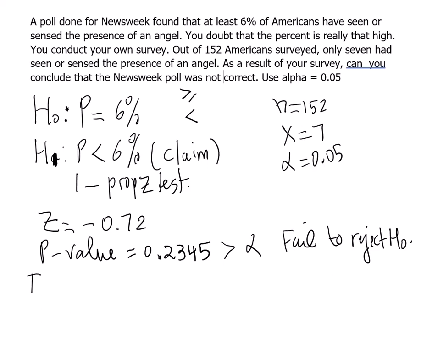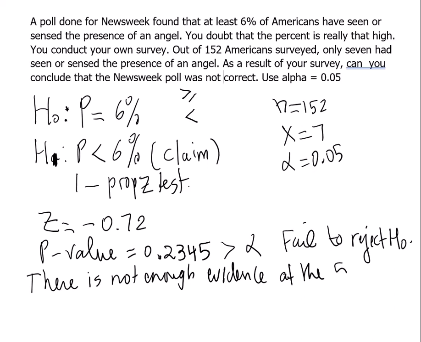Anytime you fail to reject H0, you start with there is not enough evidence at the 5% level of significance to support the claim. When you don't reject H0 and the claim is in H1, you just say we don't have enough evidence to support the claim.